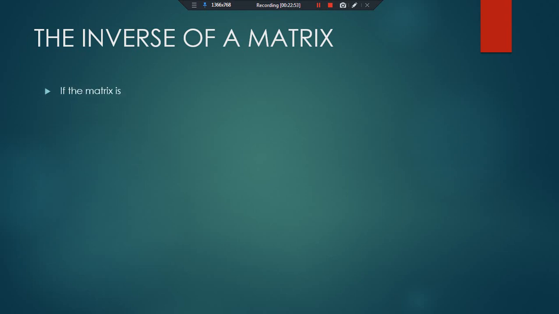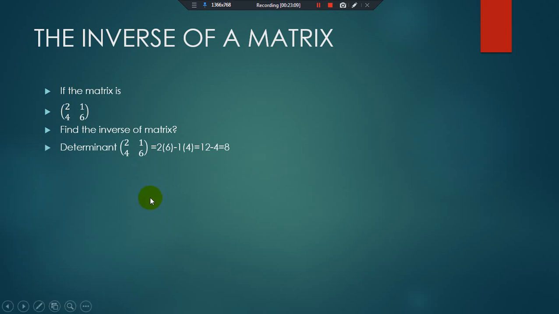So let's see an example here. If you have a matrix 2, 1, 4, 6 and you are going to find the inverse of this matrix, first the determinant, with a simple formula: you multiply the leading diagonal, 2 and 6, then put a minus sign and multiply the other diagonal, 4 and 1, and you get 8.